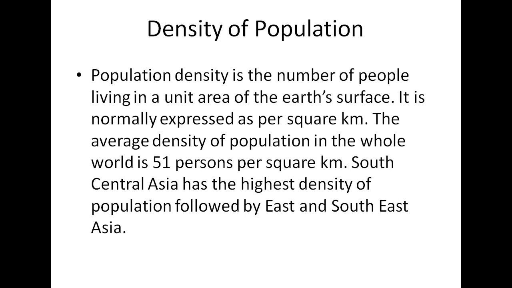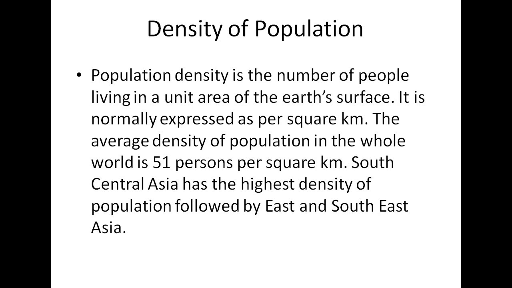Now it is calculated per unit area of the earth's surface, so it is normally expressed as per square kilometer. Per square kilometer, how many people live in that particular area, it is calculated according to that. So calculating the density of population is basically calculating the number of people living in a unit area of the earth's surface, normally expressed as per square kilometer.